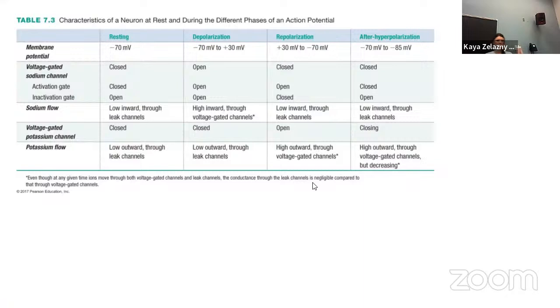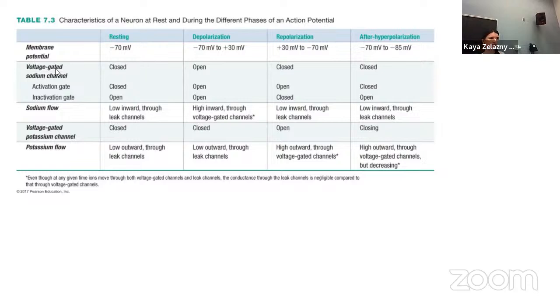Here is a sort of chart, helping if you are a person who likes to study in chart format, showing the difference between what's happening with our voltage-gated sodium channels and our potassium-gated channels at each of the phases of our neuron. So at rest, during that peak, going up to depolarization, repolarizing down to -70, and then that hyperpolarization that happens after this up and down peak as we overshoot with those potassium channels before finally coming back to rest.